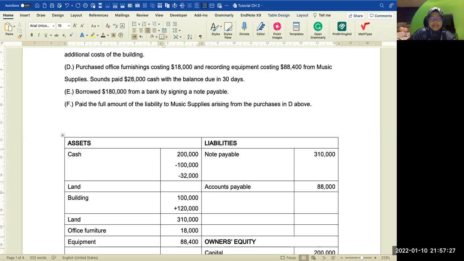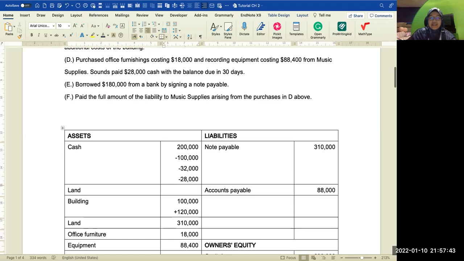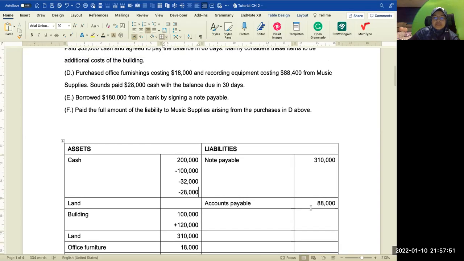How do you pay that? Cash reducing by 28,000. Note the difference between reduce to and reduce by. And then the balance in 30 days is an increase in accounts payable. Very good.